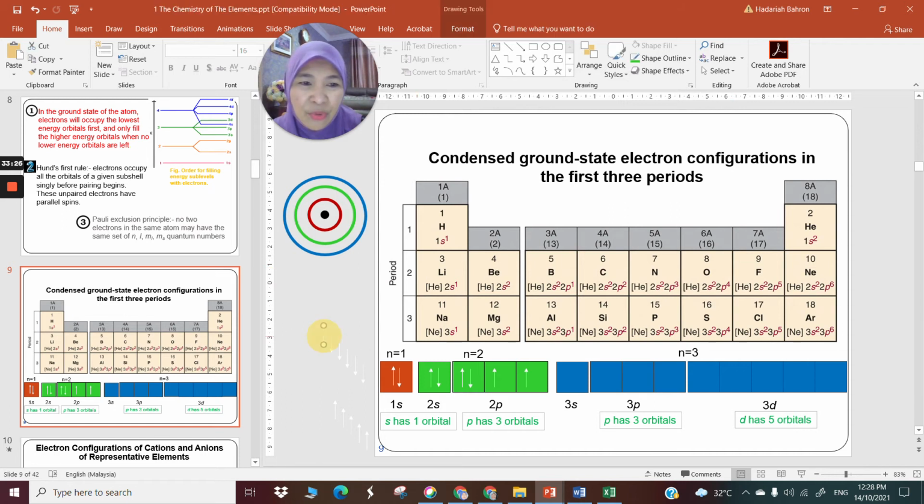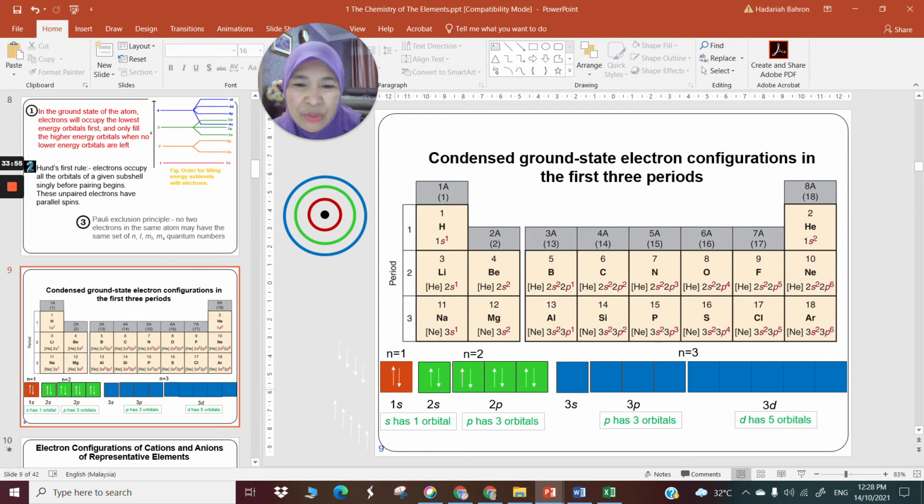The next one, for fluorine, is pairing up that way. You get 1s2, 2s2, 2p5. That's for fluorine. 2p5 is 1, 2, 3, 4, 5. And lastly, to make neon, to make shell number 2 complete is the last electron to pair up.